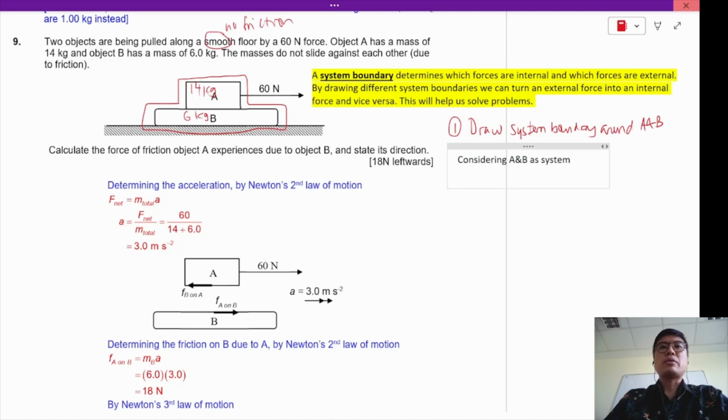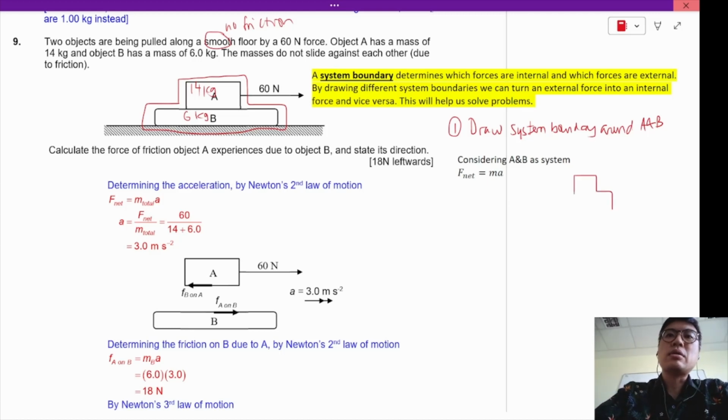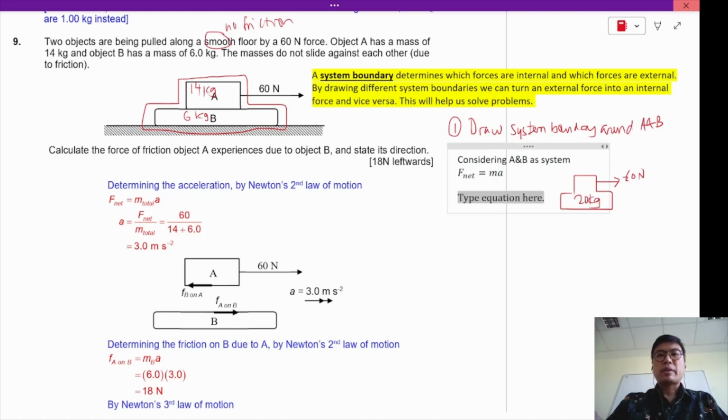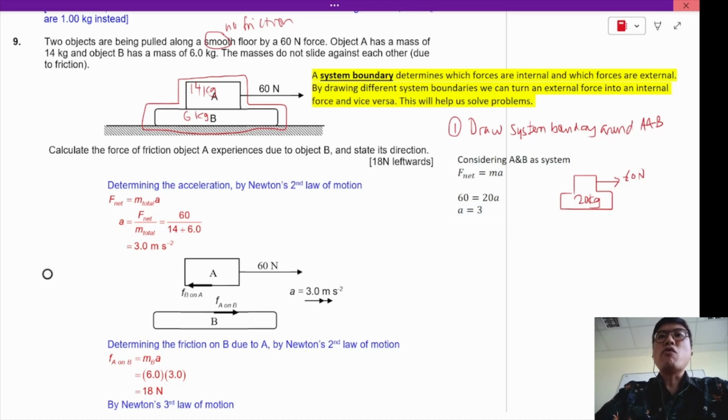Then we can write F net equals MA. Now A and B is a single object being pulled along by a 60 Newton force. This object A and B is 20 kg, so 60 equals 20 A, so A equals 3. This means that both objects have an acceleration of 3 meters per second squared.